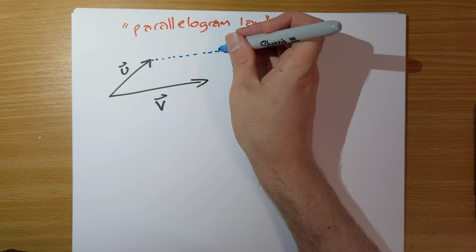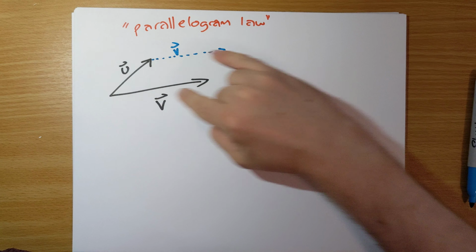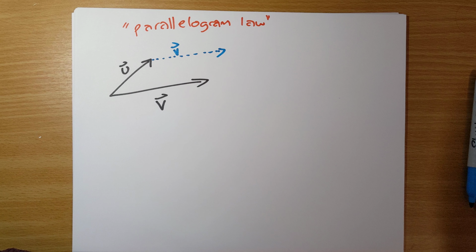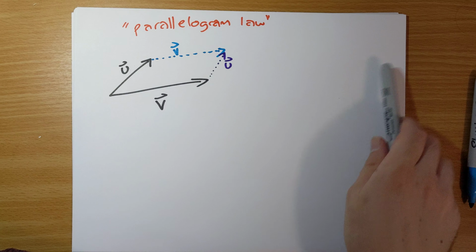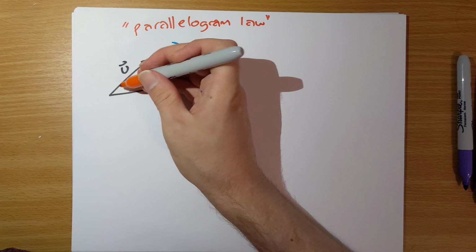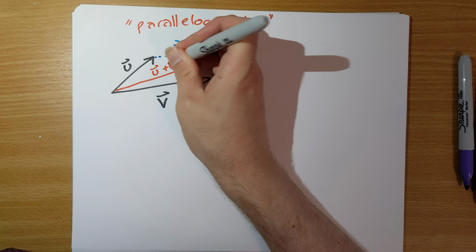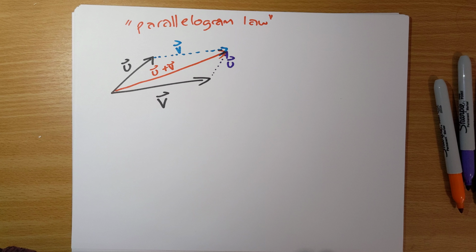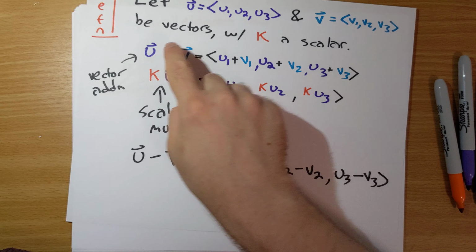We take this vector v and translate it up here. We take this vector u and translate it over here, and we form this parallelogram. This is the vector u plus v. So graphically speaking, this is what's going on. That takes care of vector addition.